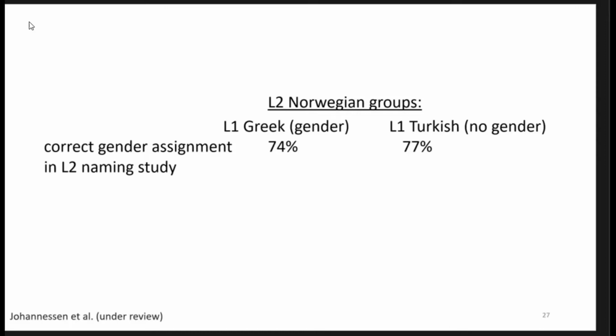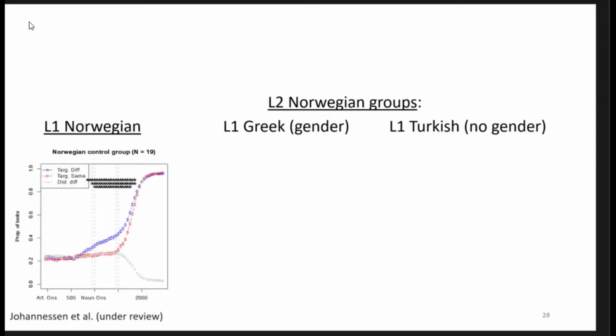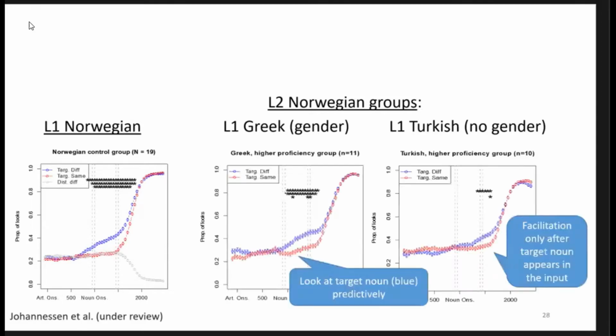Okay, so now let's see how these 2 groups fare in that eye tracking study. So the Norwegians are on the left here, the L2 groups are in the middle and on the right. If you look at the L1 Greek people, so with a gendered L1, you see that they roughly perform like the Norwegians. So very early on, the graphs diverge.